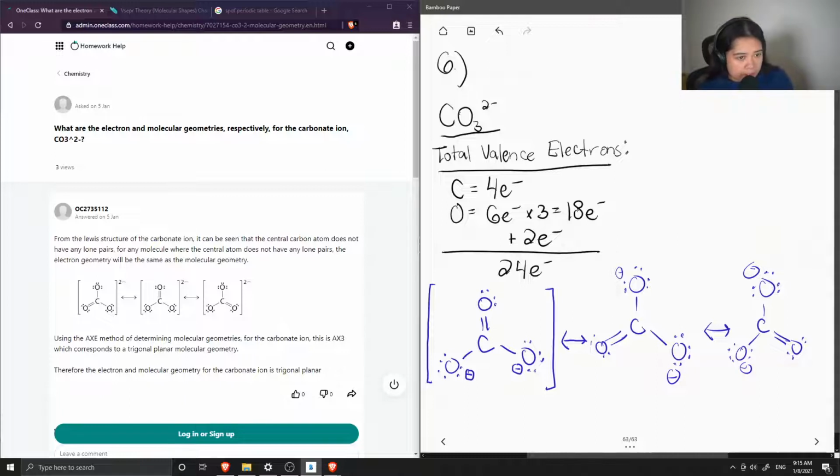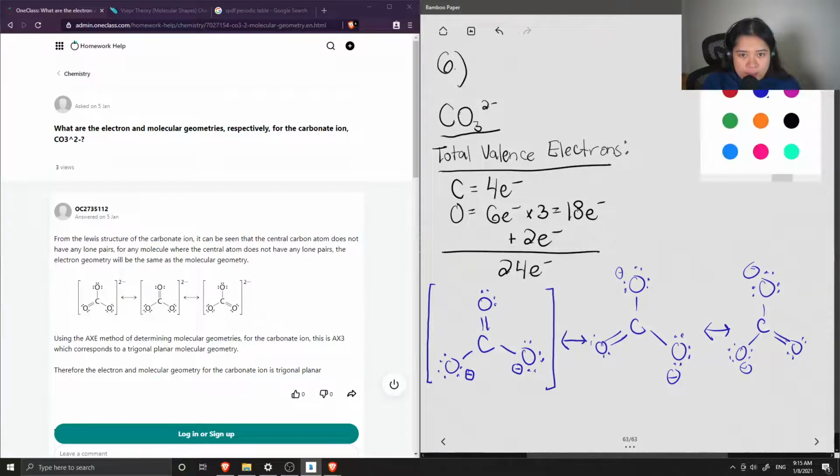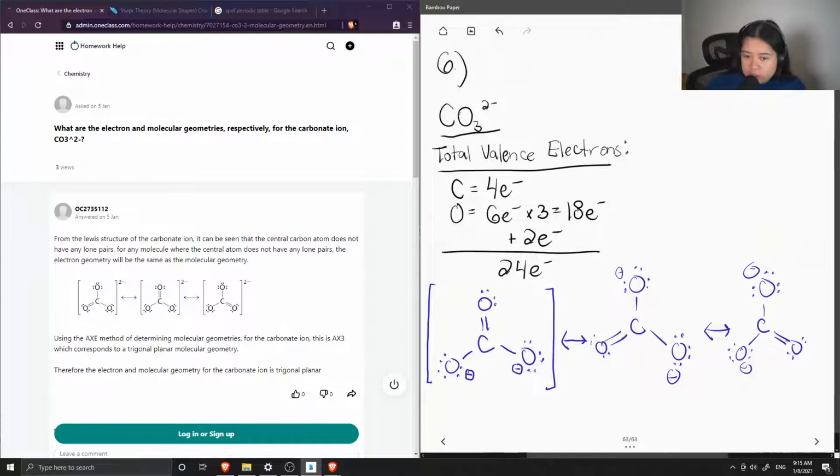Okay, so now we need to find out the electron and molecular geometries for this ion. So let's just look at one of the structures. And we're focused on our central atom, which is the carbon.